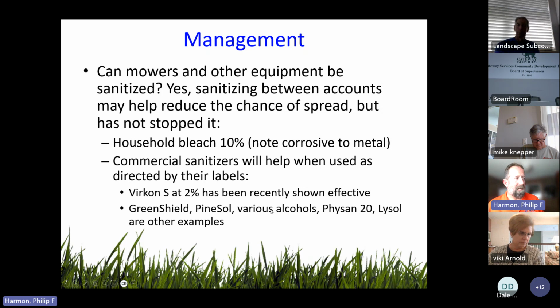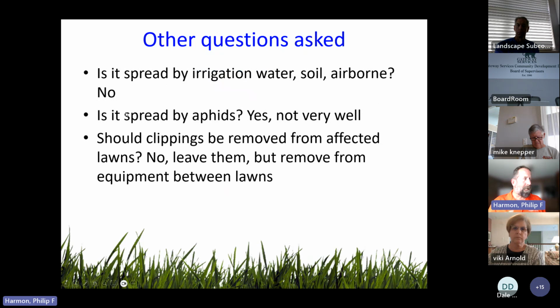Sanitizers have been used again as an extra added layer, and it has been shown that either allowing it to dry or using the sanitizers or both have prevented movement on that equipment. Equipment is not the main way this is introduced into a community. It is the main way that it is spread within that community, within lawn to lawn, and around the lawn. There are a lot of questions about whether this can be spread with soil or is it spread airborne or by irrigation water.